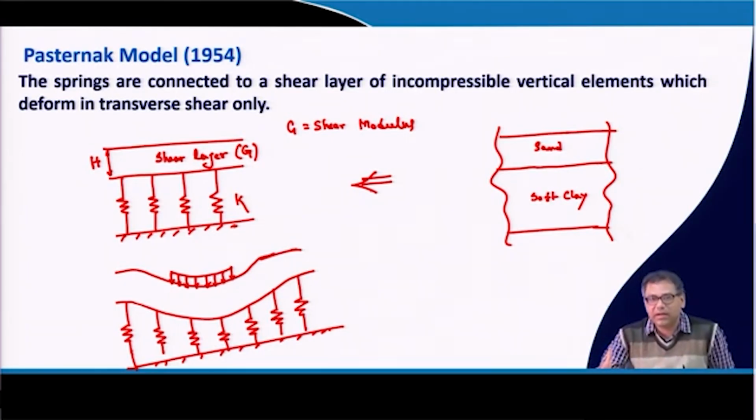If I know the shear modulus for this sand, we can use it as the G value, the shear modulus for the shear layer, and the subgrade modulus of the soft clay can be used as the spring constant.